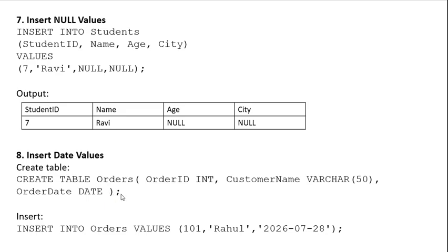And the insert query: insert into the orders table, values: ID is 101, customer name is Rahul, and the date is given in single quotes as 2026, 07 is the month, and the day is given like 28, close the single quotes and the brackets, and a semicolon.